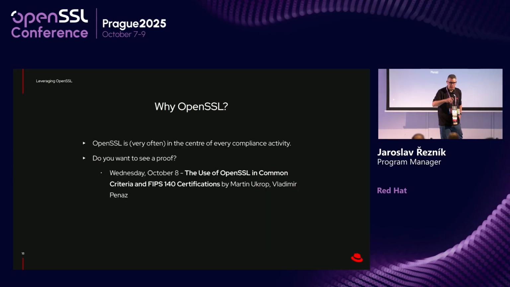And why am I talking about this at this conference? The reason is obvious. OpenSSL is everywhere when security is somehow involved. It's in every compliance activity. As I already told you, if I have a problem with common criteria, we go to the crypto team. If we have a problem with other security standards, we usually talk to the OpenSSL guys at Red Hat.